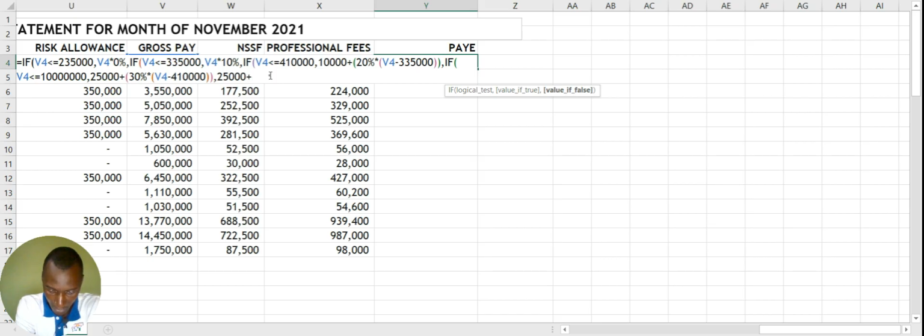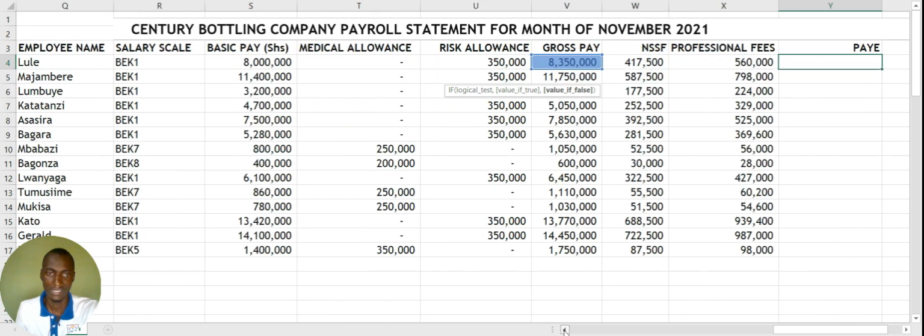Then plus, I'm going to repeat the same, plus 30% times V4 minus 410,000, then plus, because they have said that you have to add.